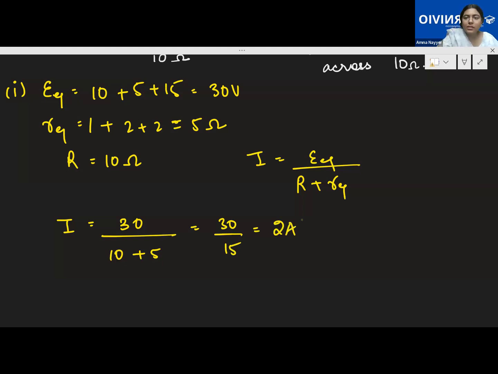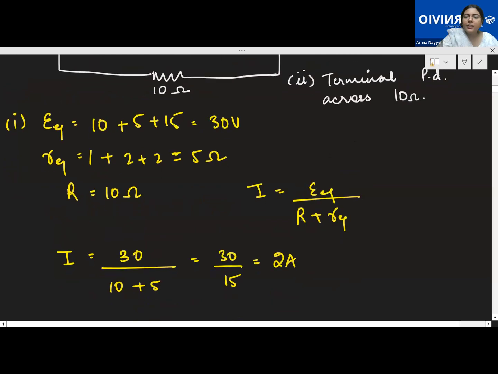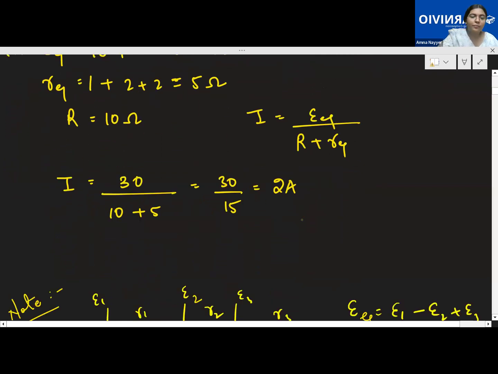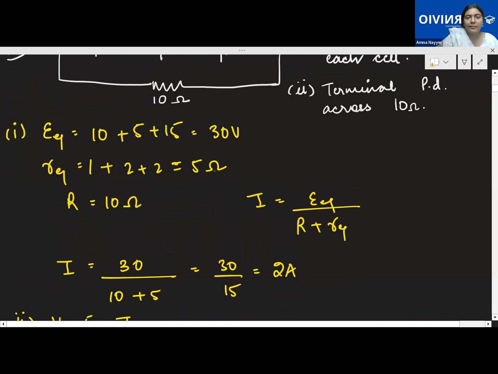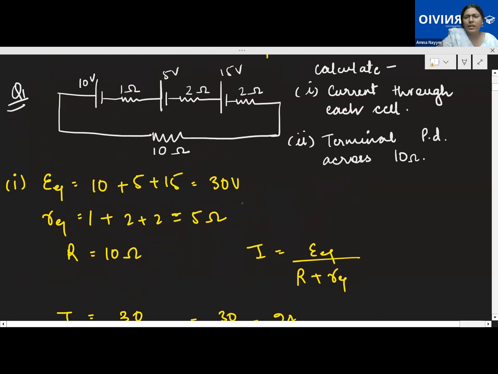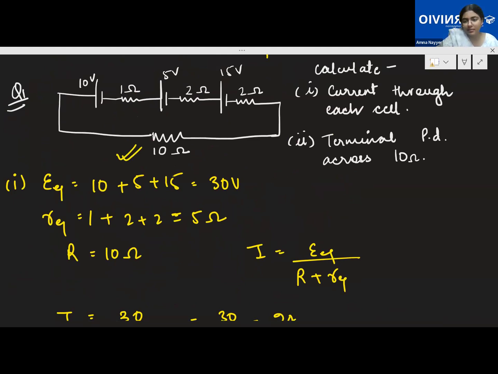Second is the terminal potential difference across the 10 ohm. Now, terminal potential difference, you know how to solve: V is equal to E minus I into small r. Across the 10 ohm, it said, the external resistor.